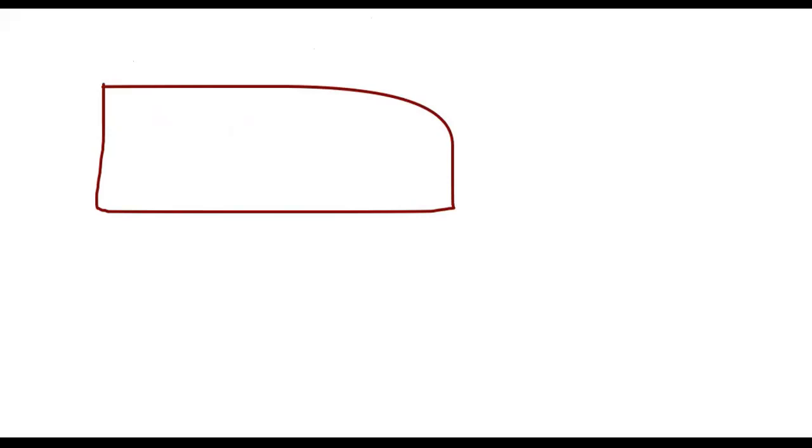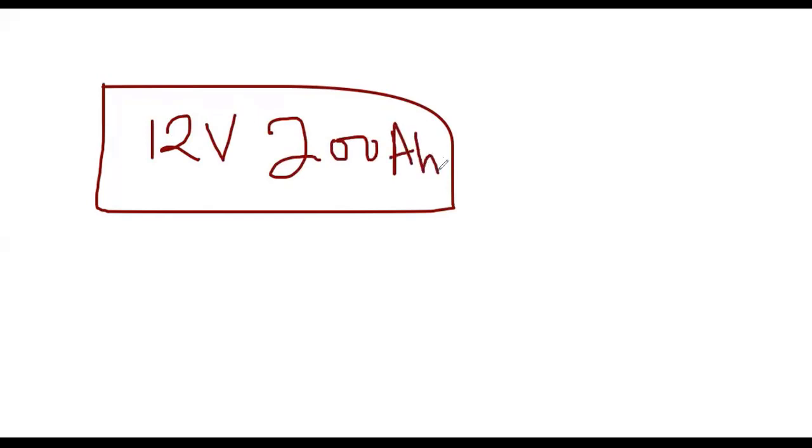So you have, for example, let's say we have a 12 volts, 200 amps hour battery. Hello, guys. If you are here with me, say I'm here. I'm here. Oh, beautiful. Thank you. So it has a positive and negative terminal.